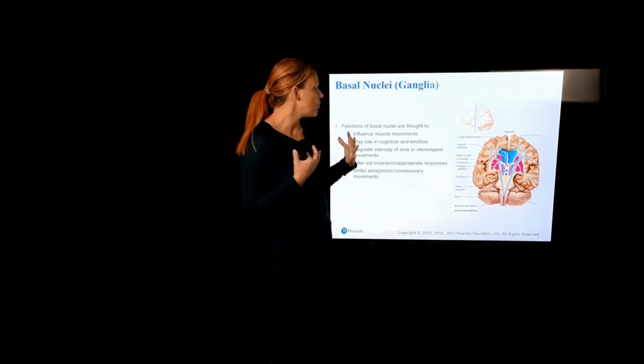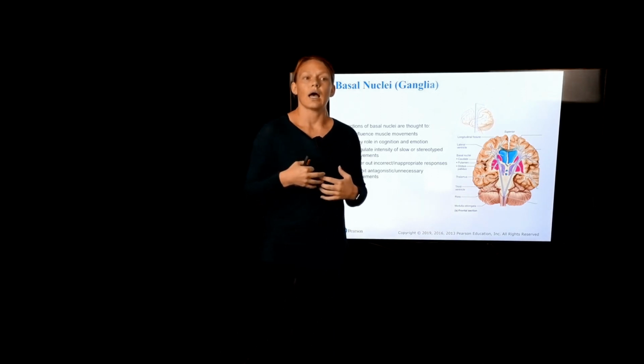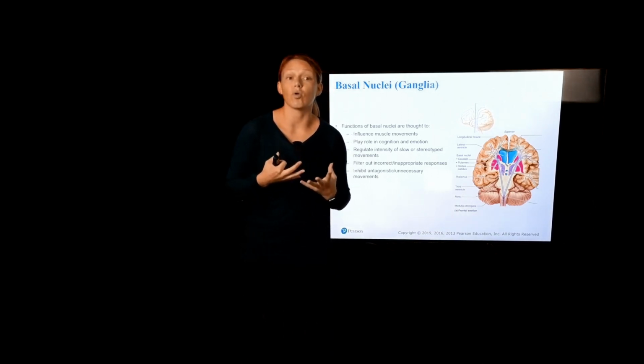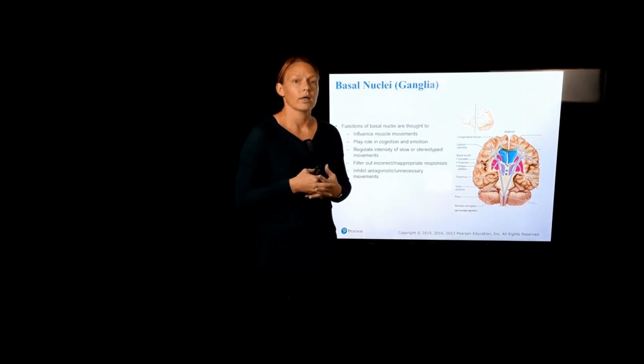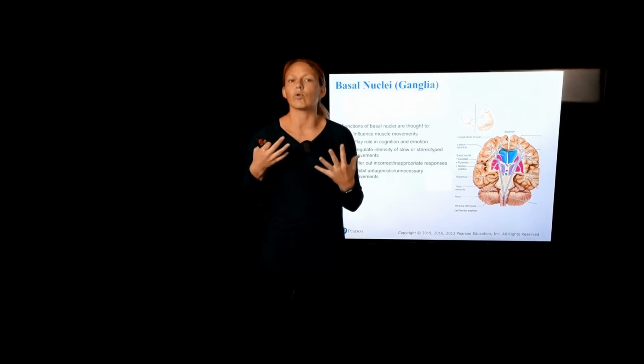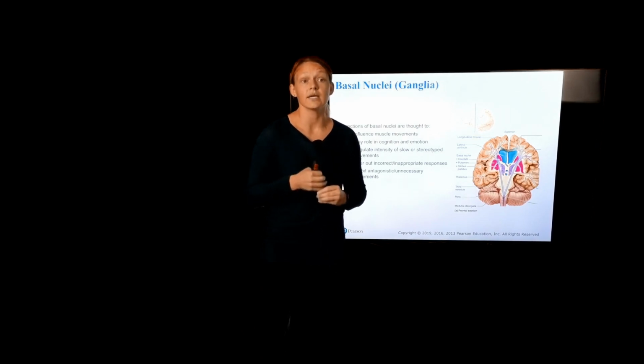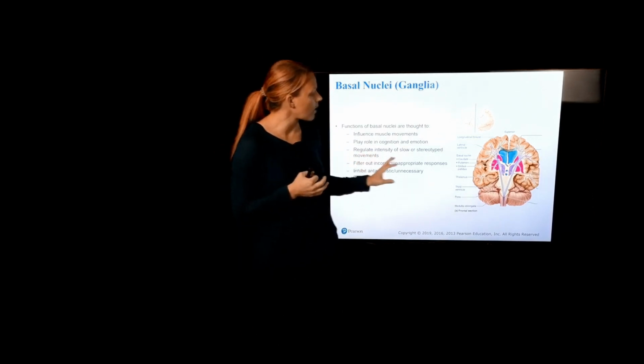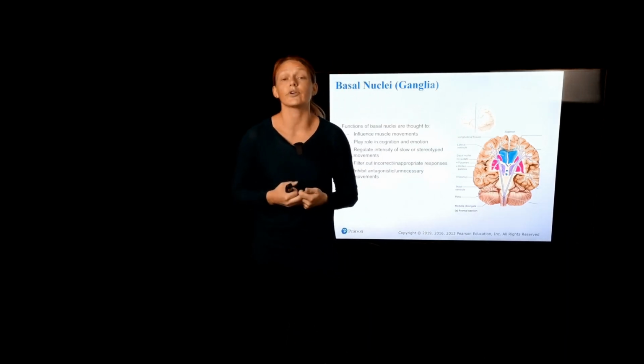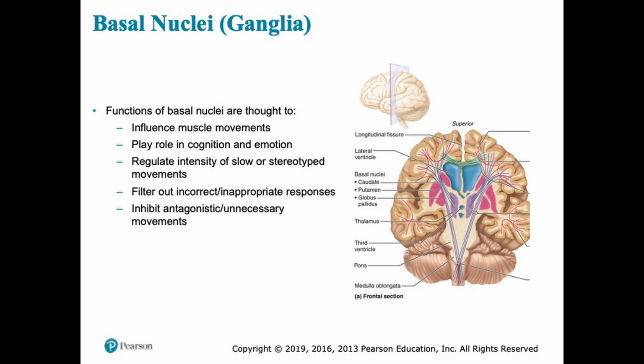So when I say motor functions, I'm meaning motor control and learning. So it's kind of a reminder of how the brain works together as a distinct unit despite separate functions. So information is going to travel from the basal nuclei to the premotor and the prefrontal cortex.